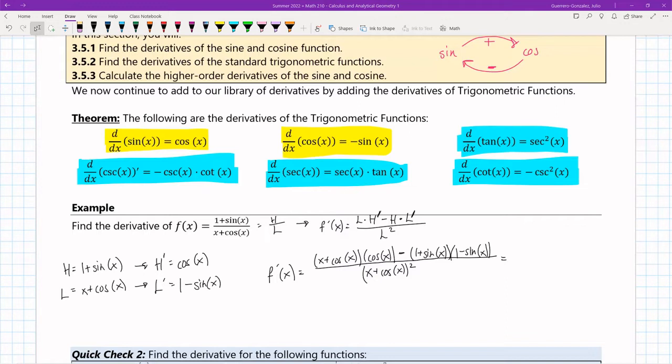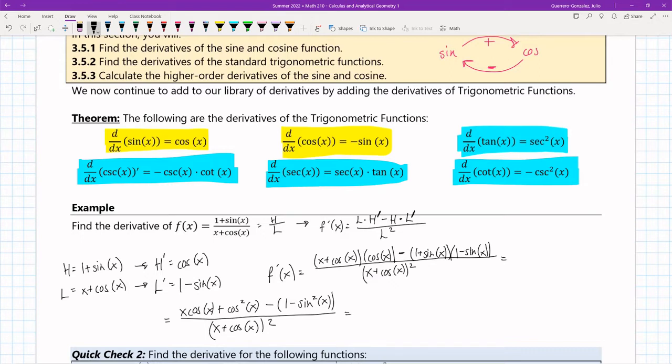So this is going to be equal to x cosine of x plus cosine squared x. And then I'm going to do this distribution. If you do this distribution correctly, you're going to get 1 minus sine squared of x, all over x plus cosine of x quantity squared.